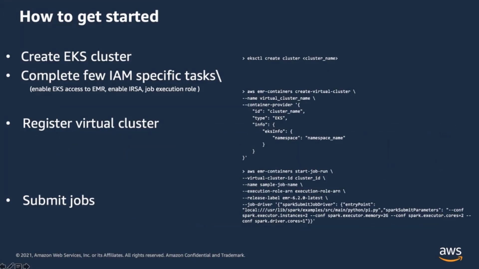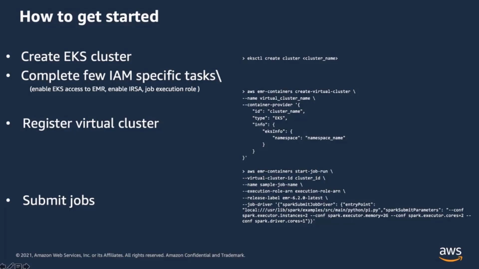So here's another view of the same steps. I mentioned I was using eksctl, but you don't have to. If you're familiar with Terraform or CloudFormation, you can use those to create an EKS cluster. Then you have to do some IAM-specific tasks, like enabling your EKS cluster so that EMR can have access to it.